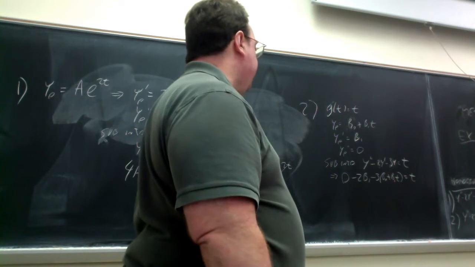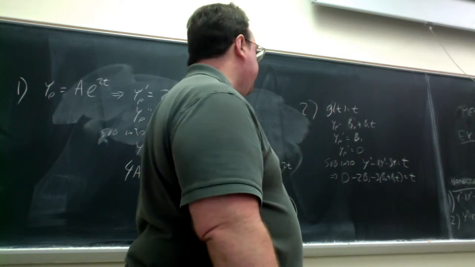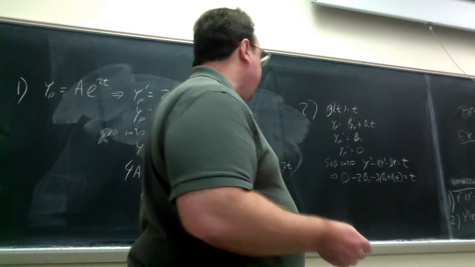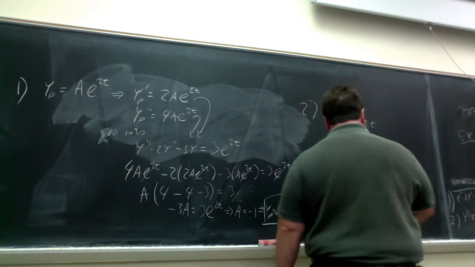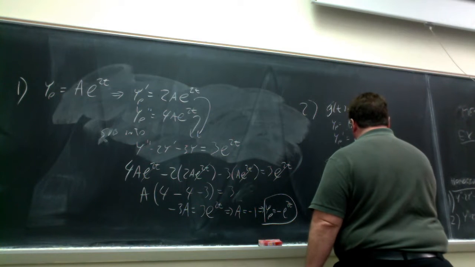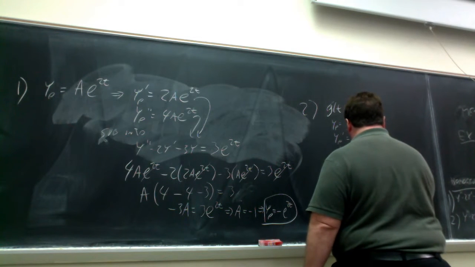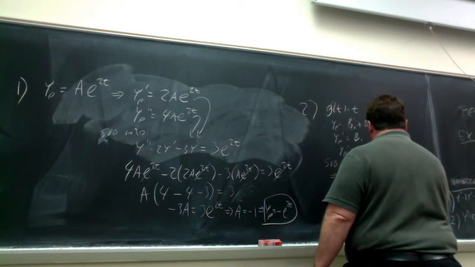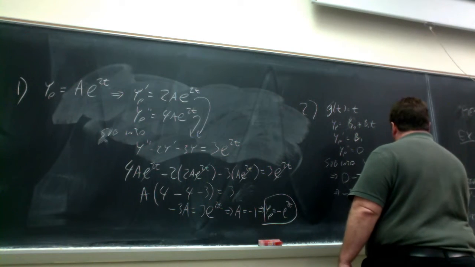Now, when this happens, you have several terms with different powers of t. It's a good idea to combine like powers of t. So first I have minus 3b1t for my linear term, then my constant term is minus 2b1 minus 3b0.